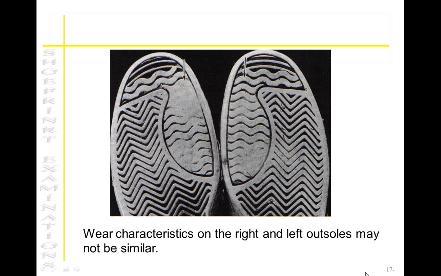So you can see from this example, even the wear characteristics for a single individual are going to be different from one shoe to the other. So in this instance, the characteristics on the right and the left outsoles are very different.